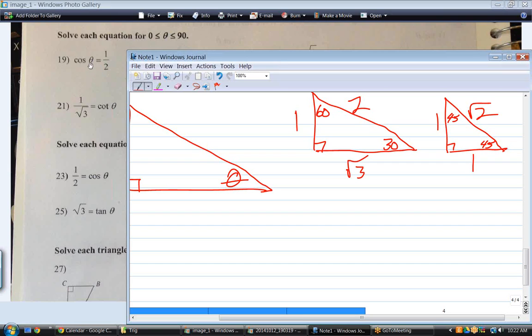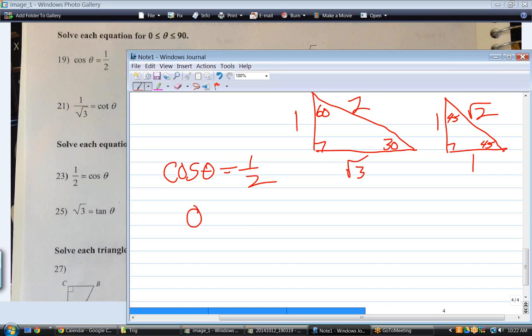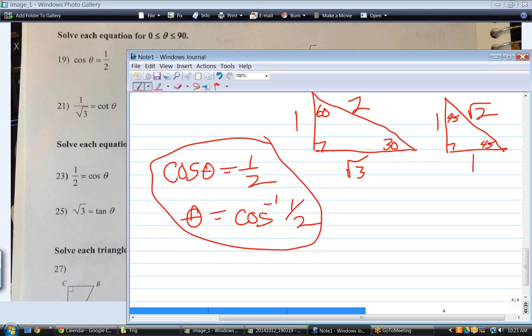Well, there's a couple of ways to think about this. There's the definition that cosine of theta, if that equals 1/2, then by definition, theta equals the inverse cosine of 1/2. So if we're solving for theta, you could put this in your calculator.